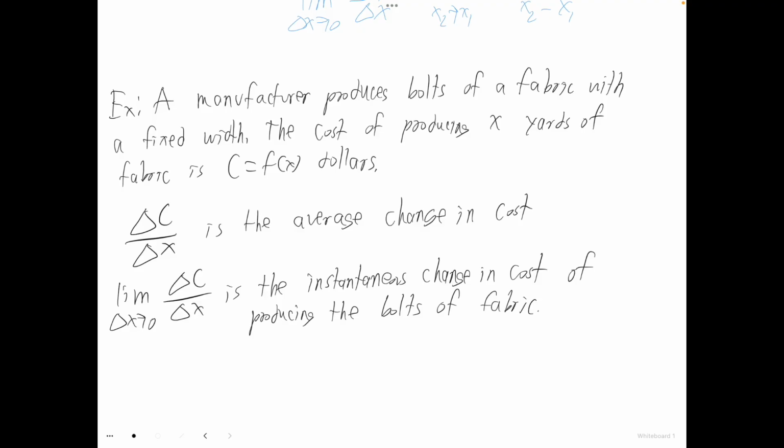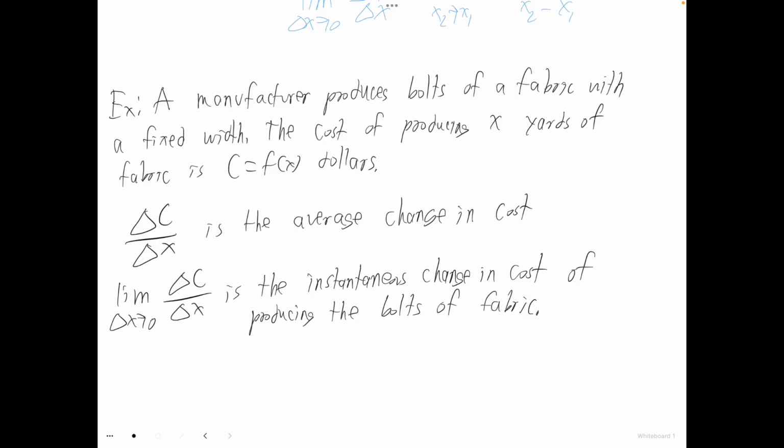So if we looked at a specific point, say at 5 yards of fabric, then this limit would be telling us the exact rate of change of our cost when we're producing 5 yards of fabric. And so this is just another place where this shows up, just to give you an idea of what's happening here.